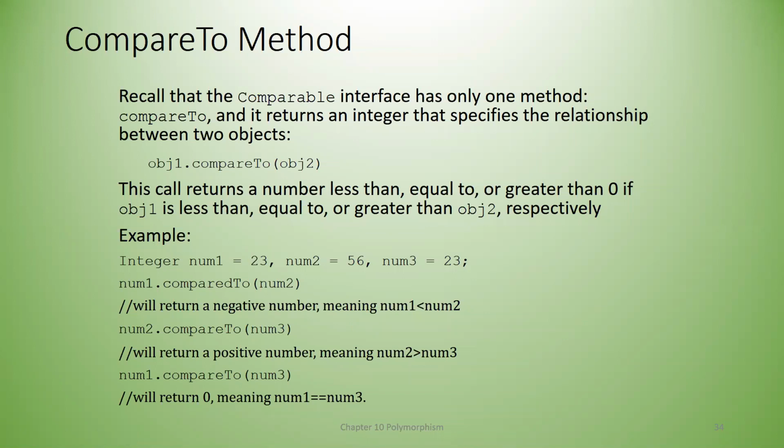Let me ask you this question. If I change this Integer to int, will this be okay? That's something I did not discuss. That will not be okay. Why? Because int is what type?